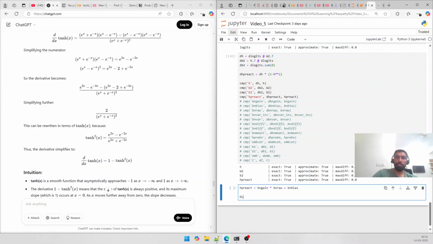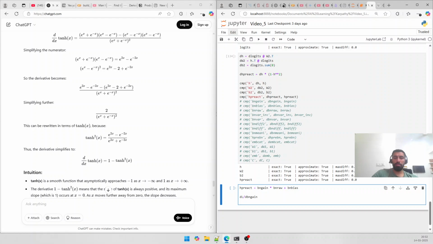So that will be dl by d bn gain, dl by d hp react into d hp react by bn gain.